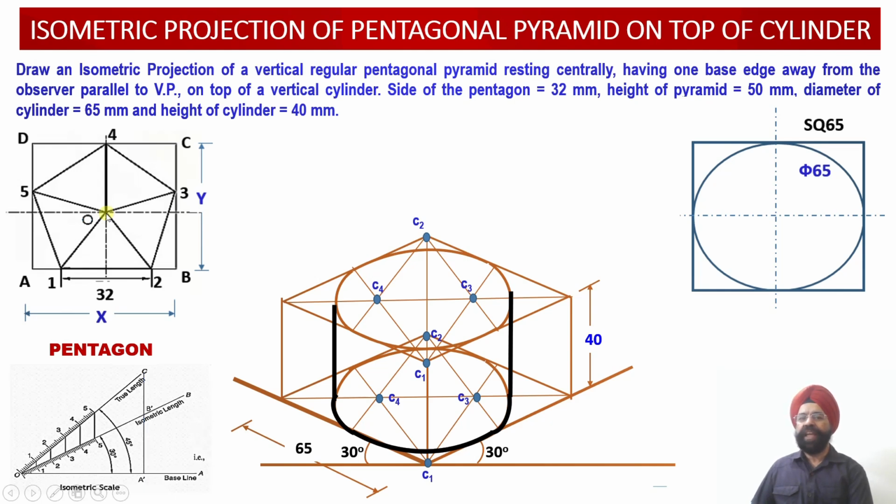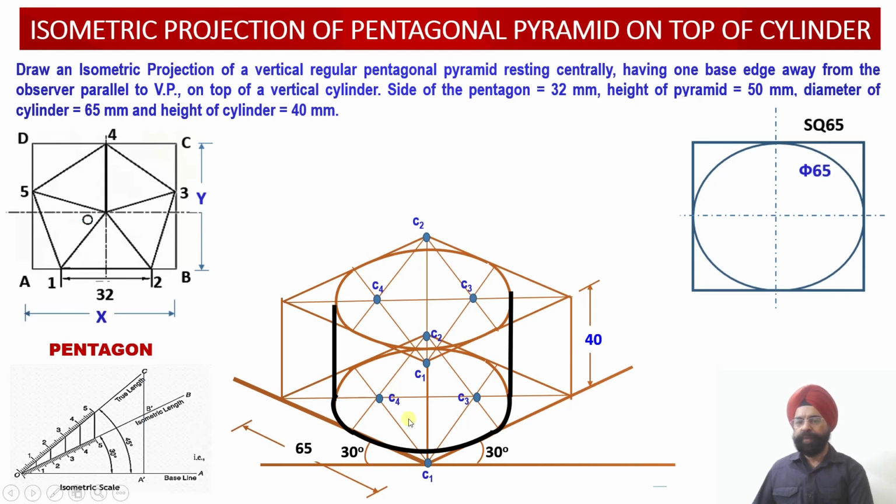Now one thing we need to remember, that there is one edge of the base which is away from the observer. This is the first thing we have to observe. Second, this edge should be parallel to VP. So please check, I am talking about this edge. This edge happens to be 1 to 2. So this edge will be located along this direction, because the observer is going to look at this particular solid combination from this side.